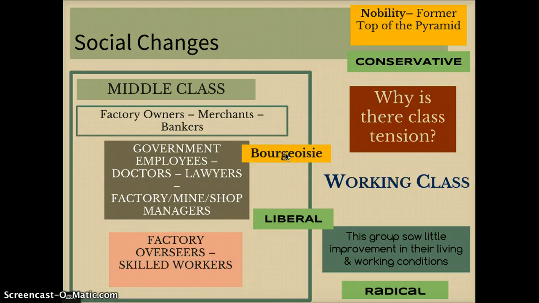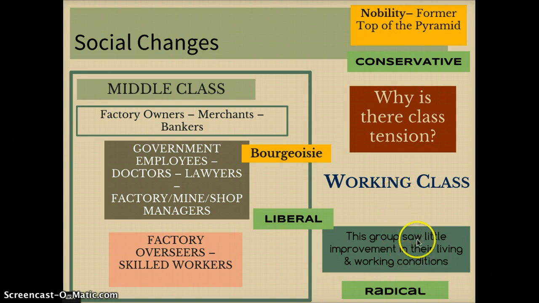Now I'm sticking on this point, and it will make sense in our next video why the word bourgeoisie is important to describe the middle. And then you had your lower middle, excuse me, factory overseers, skilled workers, and then of course the working class. So outside of the middle class we have our nobility and our working class.